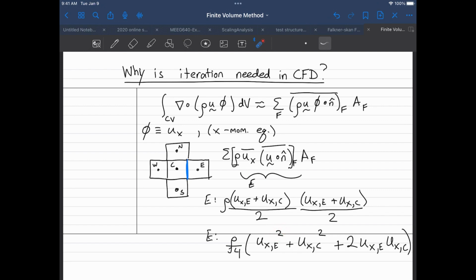We have really good solvers for linear algebraic equations, like Ax equals b type problems, but we don't have algebraic solvers that are general for nonlinear problems.